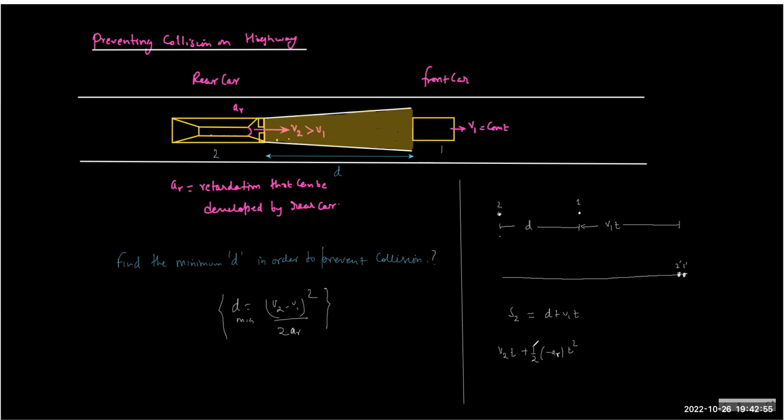But the formula for S2 is, because the second car is retarding, the displacement we can write by the second kinematical equation, ut plus half at square, and this must be equal to d plus v1t. Is this clear?